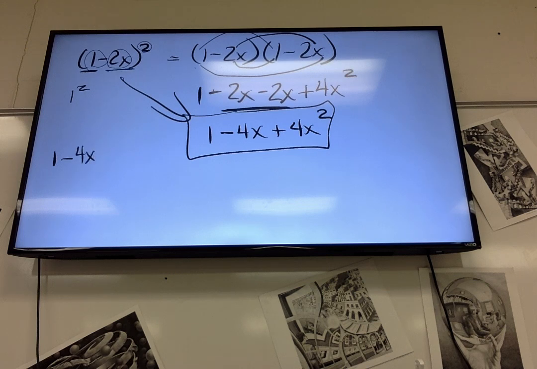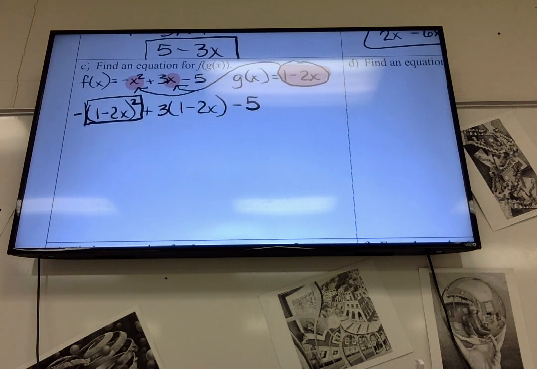And then you square the last one. So negative 2x squared. Negative 2 squared is positive 4, x squared. Notice you get the exact same thing. This is just shorter. But if you're not going to get that answer, you're better off doing it the long way. Questions?